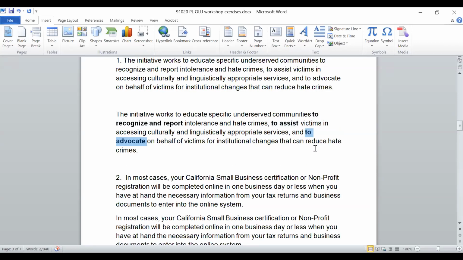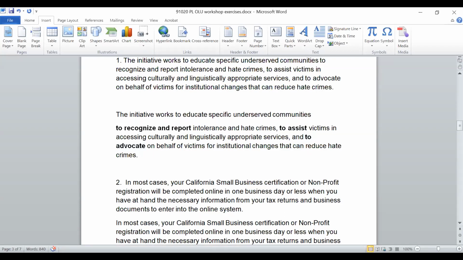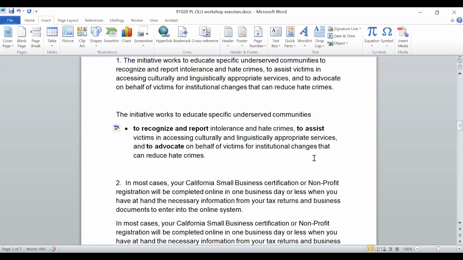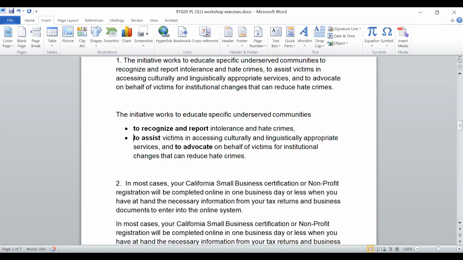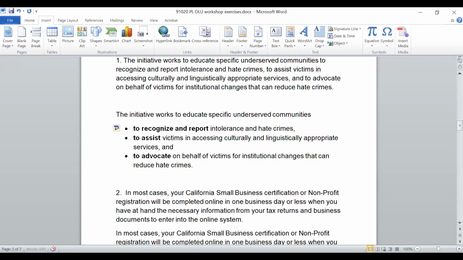So what do we do with all of these things? Magical bulleted list. Recognize and report. To assist in, and the pattern we're looking for here is to plus a verb. To recognize and report, to assist, and to advocate. Now, that makes it a little easier.